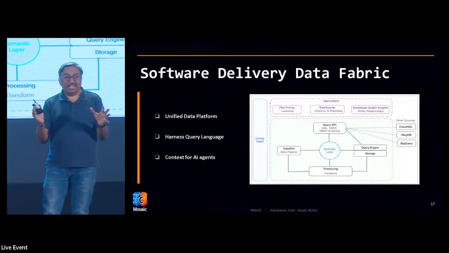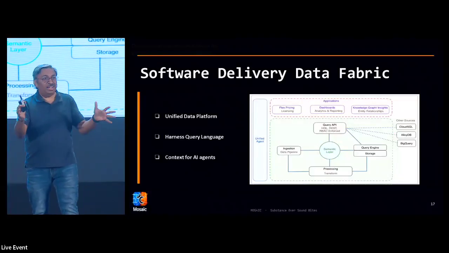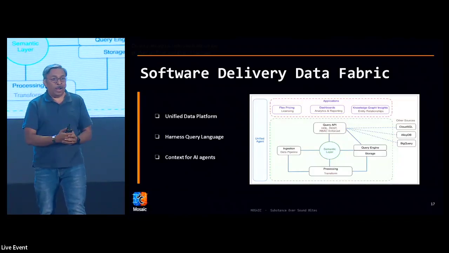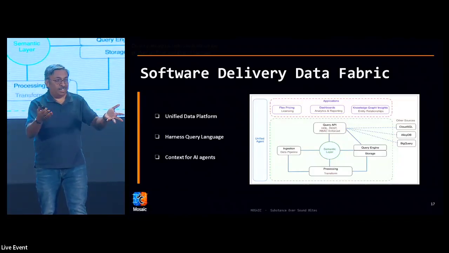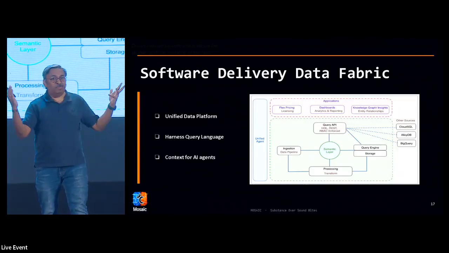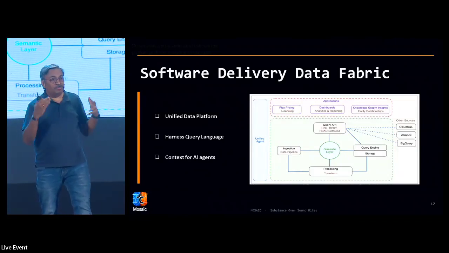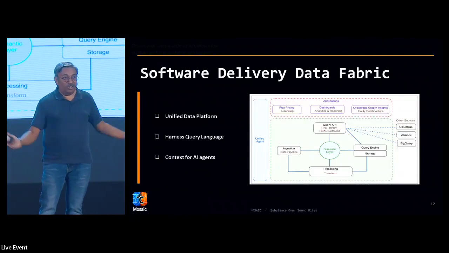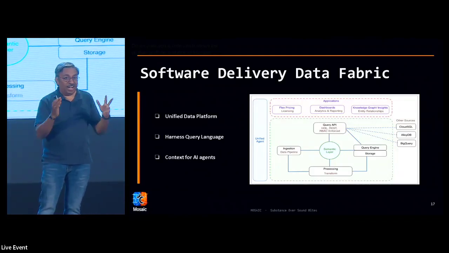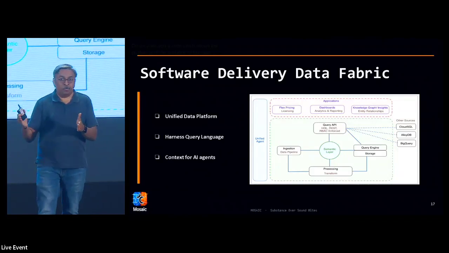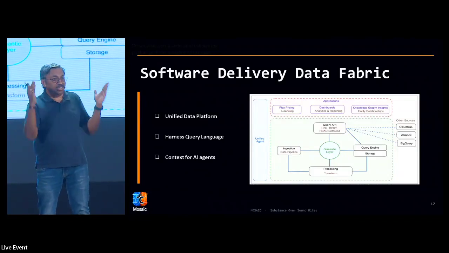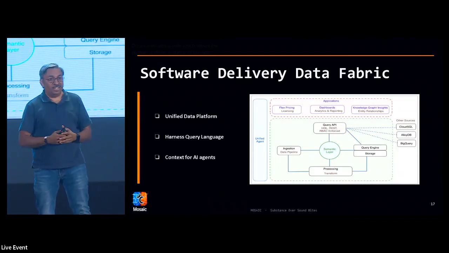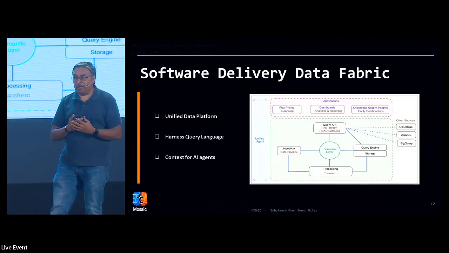It's completely based on a semantic layer, which means that you define the types, entities and relationships in the system, and then put the data inside that.